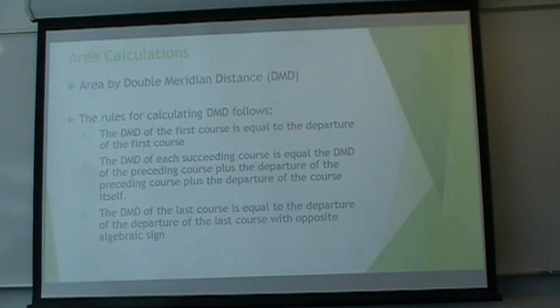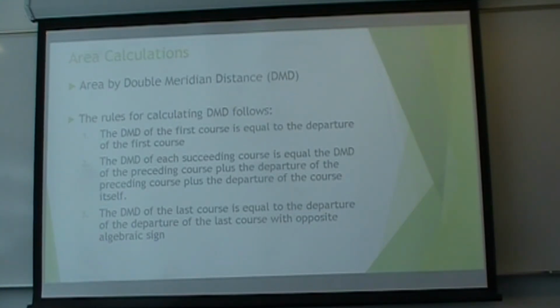So double meridian distance has a couple of rules. It's pretty easy to follow. The first rule is that when you're calculating, the first DMD is equal to the first departure of the first course. Then each succeeding course DMD is equal to the DMD of the preceding course plus the departure of the preceding course plus the departure of the course itself.